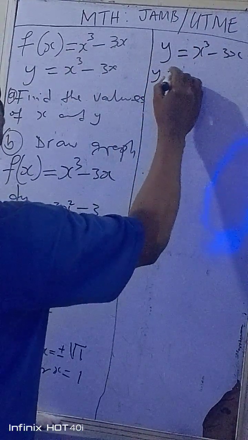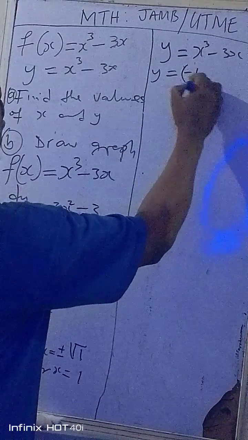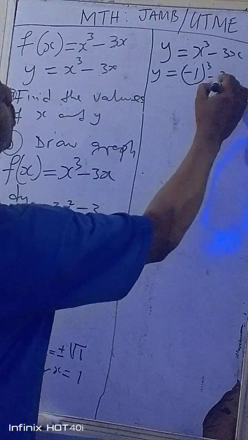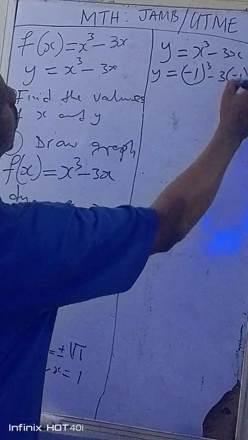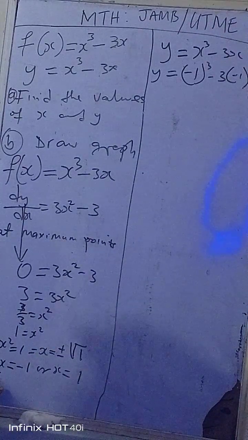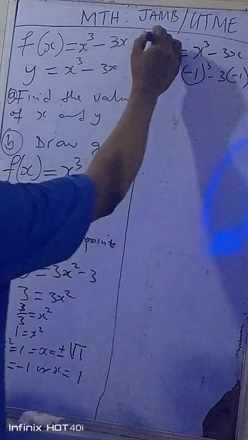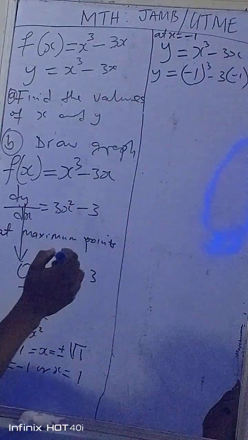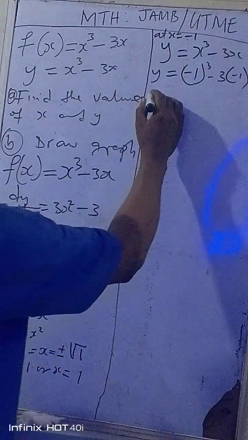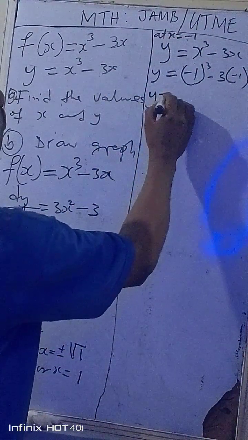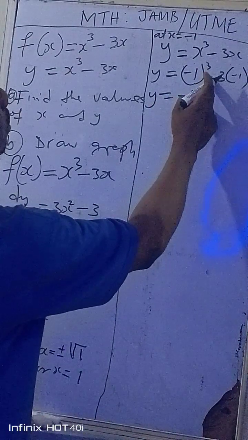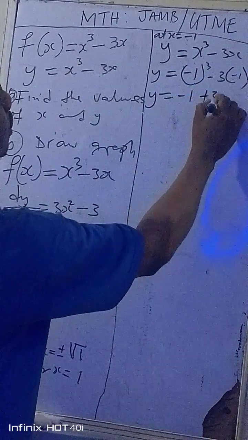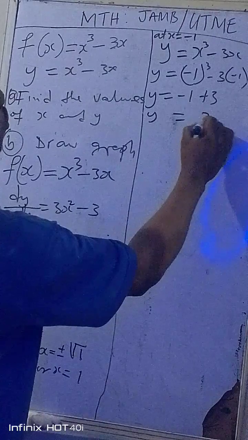So y would have been equal to minus 1 cubed minus 3 times minus 1. That's the first value of x. That is at x is equal to minus 1. Did you get that now? So if we do so, I'm going to have y is equal to minus 1. This and this will give us plus 3. So y will give us what? 2.